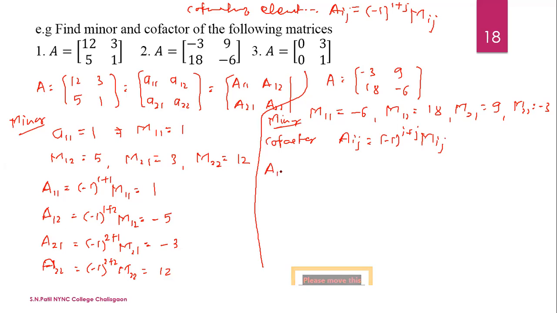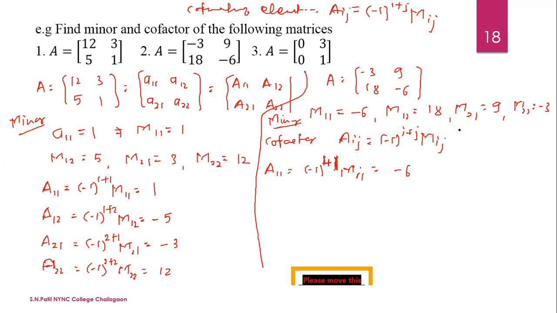That is A11 is minus 1 raised to i plus j, M11. That is minus 6, and this is 1 plus 1, that is 2, so minus 6 is there.